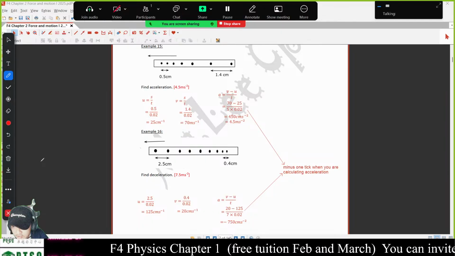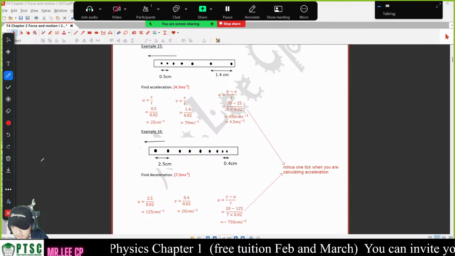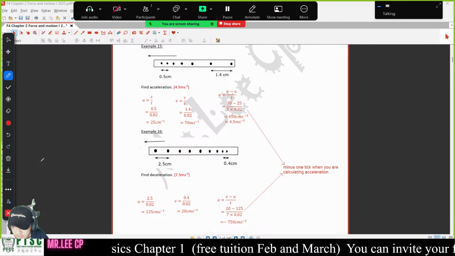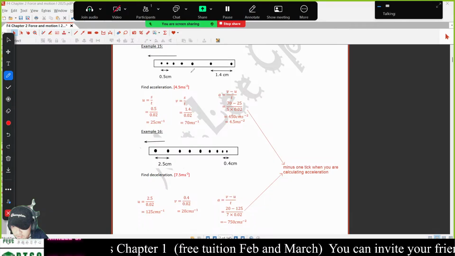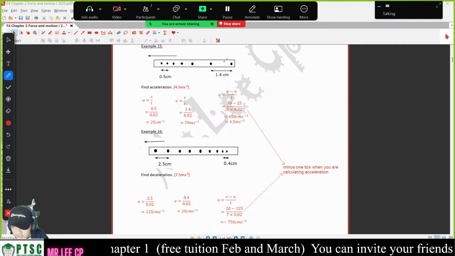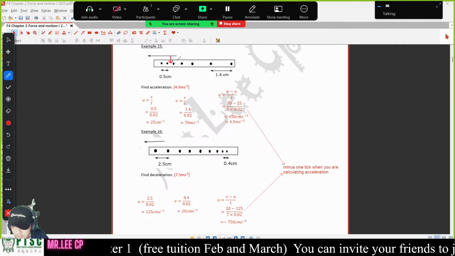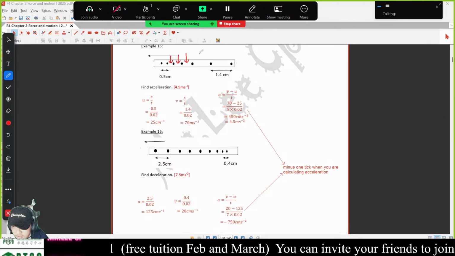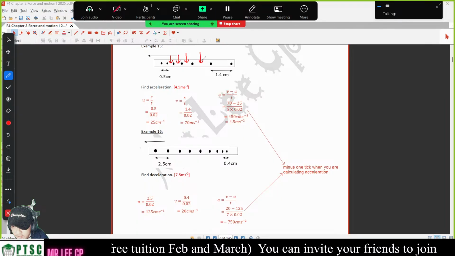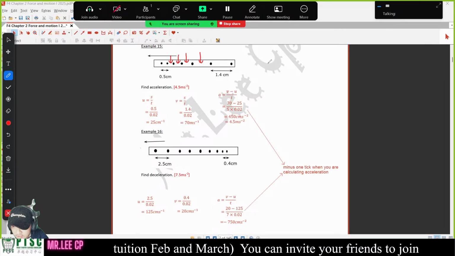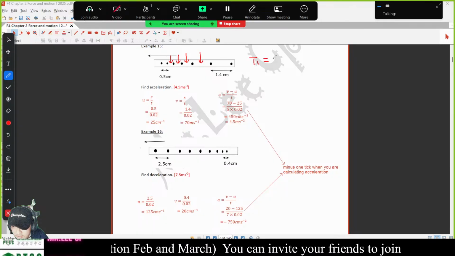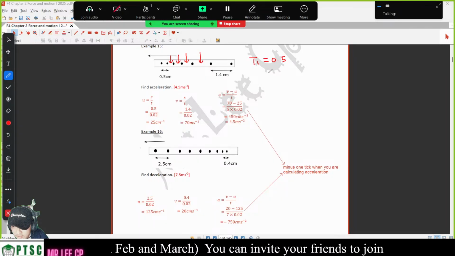But teacher, why have to take half? Now I show you. We are going to calculate how long each strip is. The first term T1 is 0.5 cm.